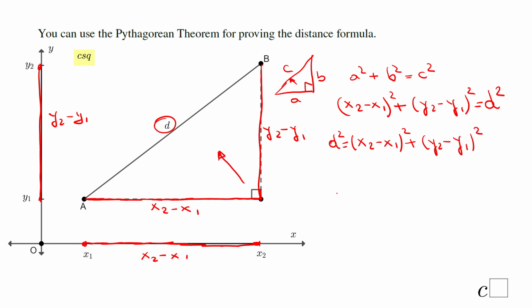The last thing I'm going to do is take the square root because I want to solve for d. And ladies and gentlemen, this is the formula we started with. And you have here a short proof in case you need it.